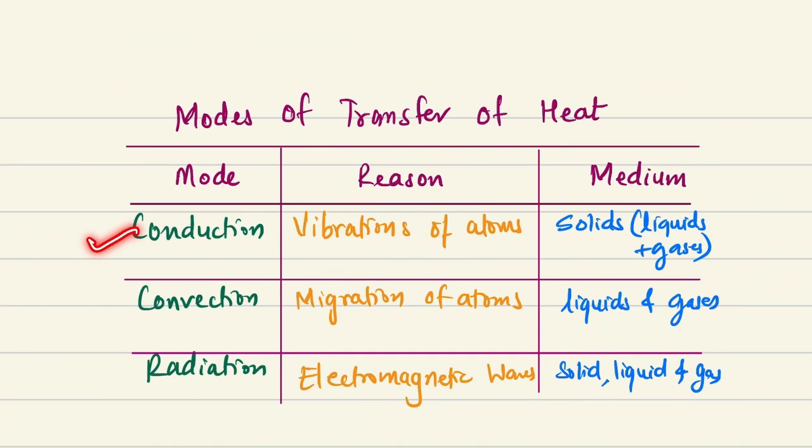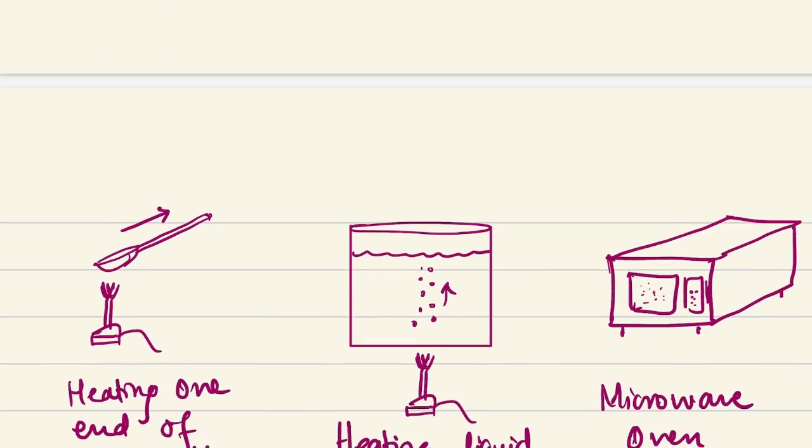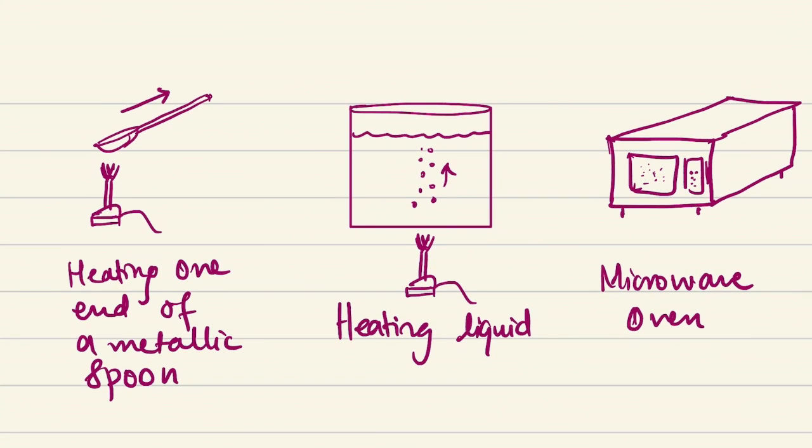In order to explain all 3, conduction, convection and radiation, we'll see a small example. I have made 3 diagrams over here, and here there is a spoon, and this spoon is getting heated up from a small burner.